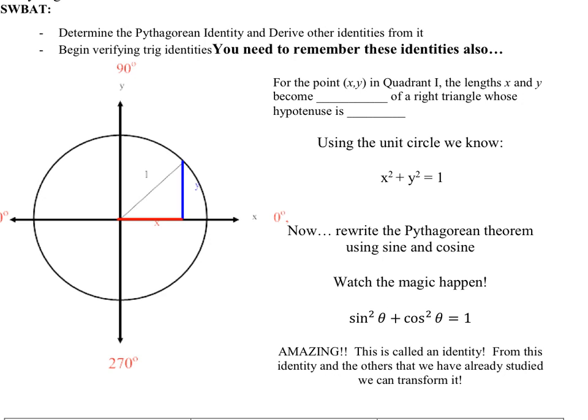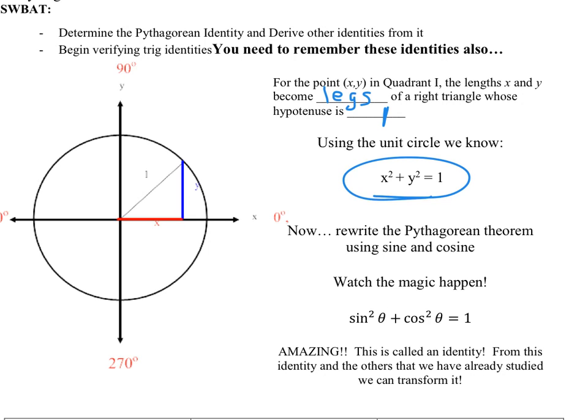If you remember this unit circle here, we can draw this triangle where this is the x and this is the y, and the hypotenuse is 1. X and y become the legs of the right triangle, whose hypotenuse is 1. And if you use the Pythagorean theorem on this, you get this.